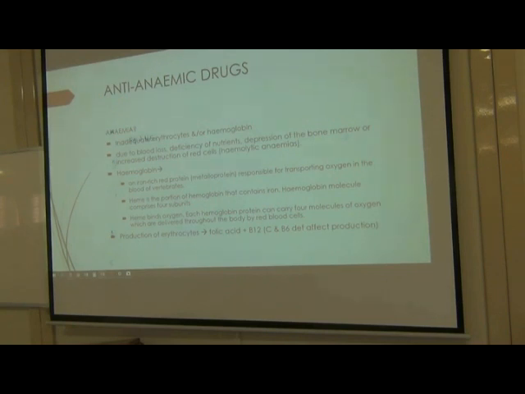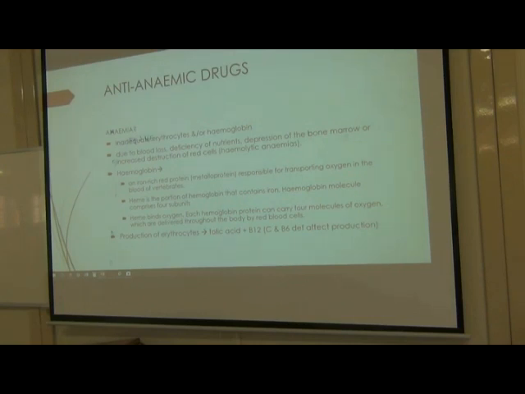So we said when blood circulates in the body, one of the importance of blood is to supply oxygen to the organs of the body. And this is because hemoglobin is responsible for the transportation of oxygen in the blood. And how does hemoglobin do it? Hemoglobin contains iron, like I said earlier, and that has 4 subunits, and oxygen can bind to the iron in hemoglobin.